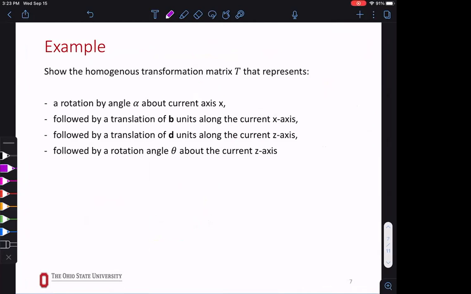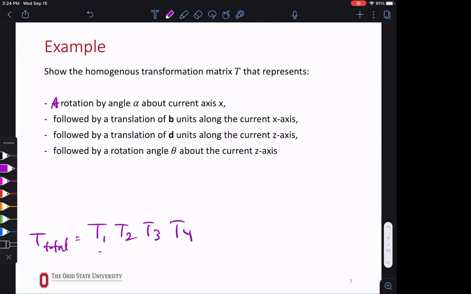All right, good. So do this example. Show the homogeneous transformation matrix T for these 4 consecutive transformations. Rotation is not rotation. And you can write the T total as T1, T2, T3, T4.